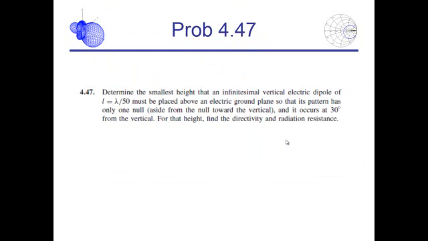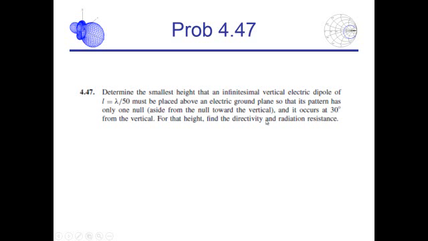Okay, just to emphasize and prove the concept that all the equations are working correctly, we're just going to look at a problem from the book, which asks you to determine the smallest height that an infinitesimal vertical electric dipole of length lambda over 50 must be placed above an electric ground plane, so that its pattern has only one null aside from the null toward the vertical, and it occurs at a 30-degree angle from the vertical.